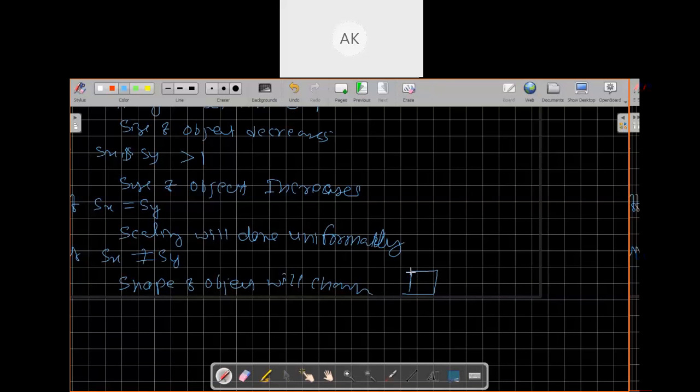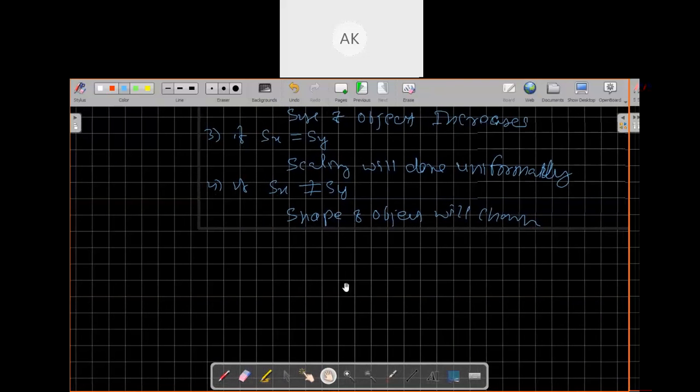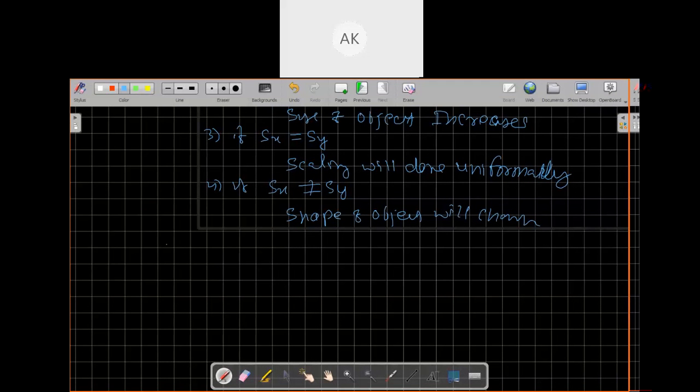But when these values are not equal, meaning sx is not equal to sy, the shape of your object will change. Okay, when these values are not equal, the actual shape of the object will change. Suppose you are given a square, and these values are not equal, then after scaling it will be a rectangle.